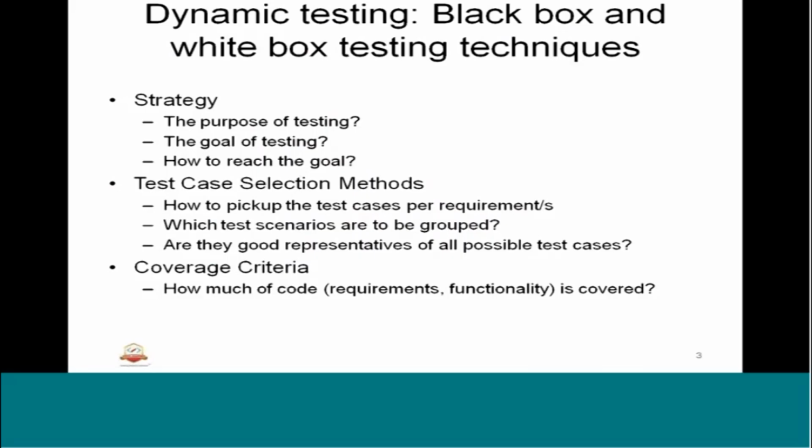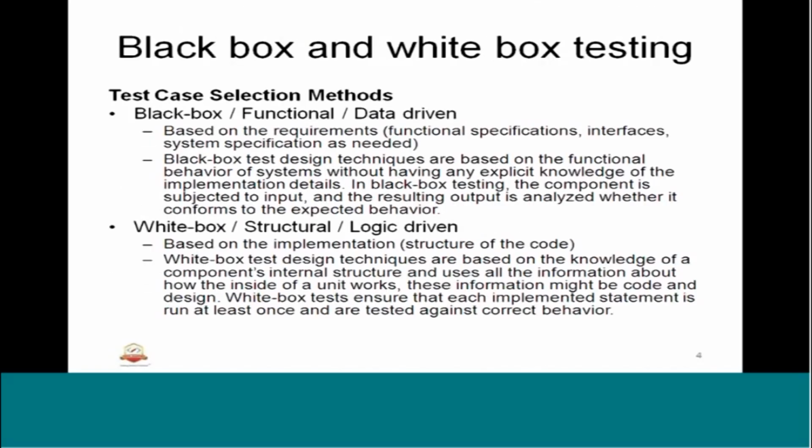Basically, black box is functional or data-driven. It's purely based on the requirements, and the design techniques are also based on the functional behavior of the system without any knowledge of the internal or implementation details of the system under test.